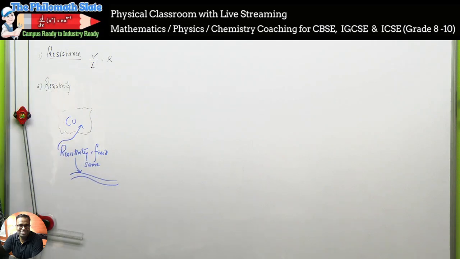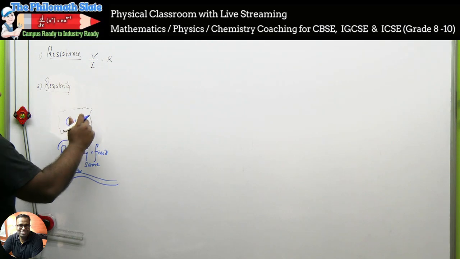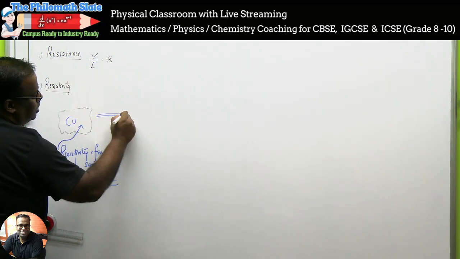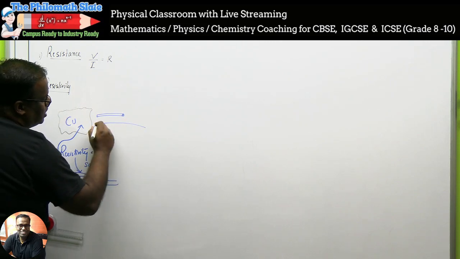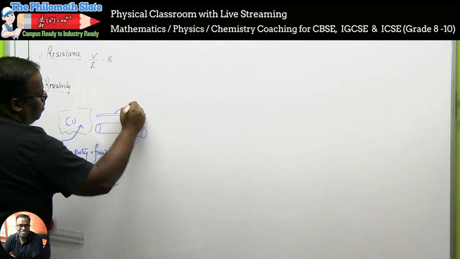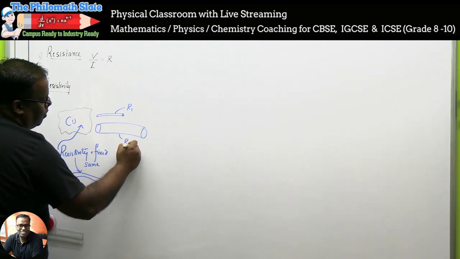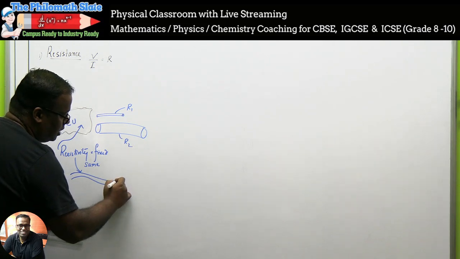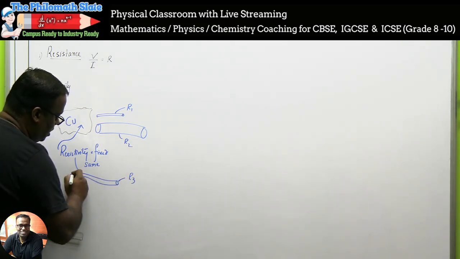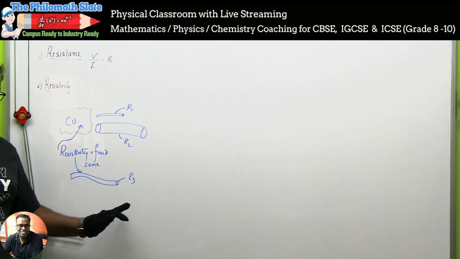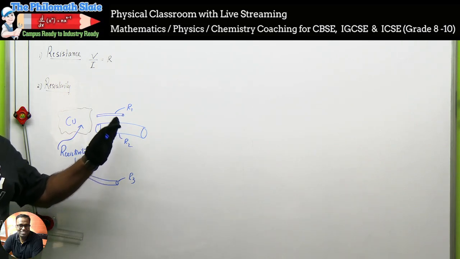Please understand, both are the same. However, from this, I have made two types of wires. One is this much length and this much is the dimension, and one is something like this and this much is the dimension. These will have different resistance, R1, R2, R3. None of them will be equal to each other. But their inherent resistivity is the same.